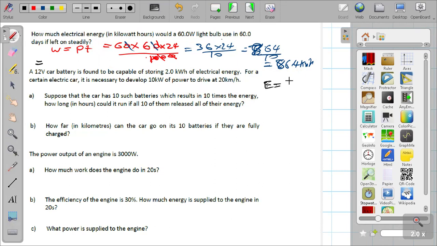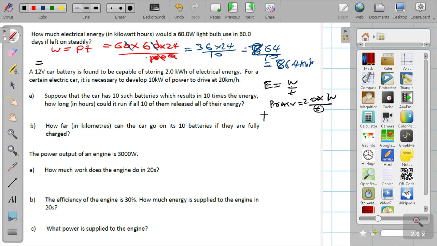Energy equals work done over time. So the energy is 10 kilowatt, to 20 kilometers, multiplied by any work done over a certain period of time.